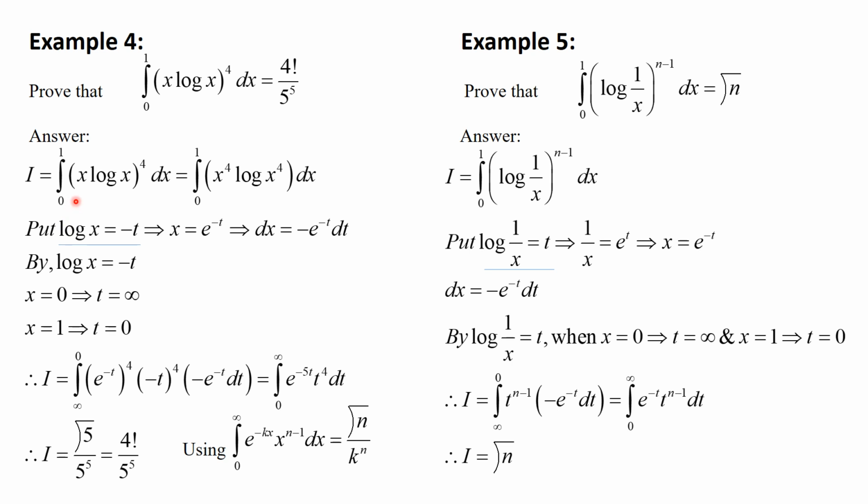So by using the substitution log x equal to minus t, integral gives integral from infinity to 0 x raised to 4, where x is equal to e raised to minus t. So e raised to minus t raised to 4, log x raised to 4, that is minus t raised to 4, and dx is equal to minus e raised to minus t with respect to t, which is equal to, since integral from a to b with negative sign, we can consider it as integral from b to a.